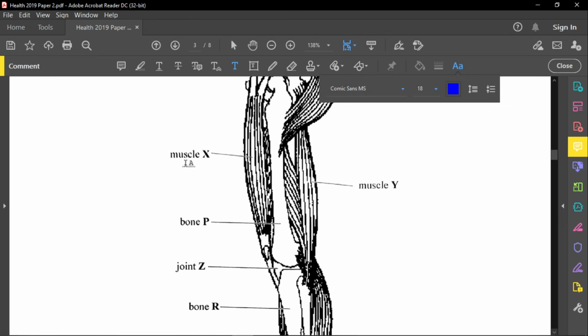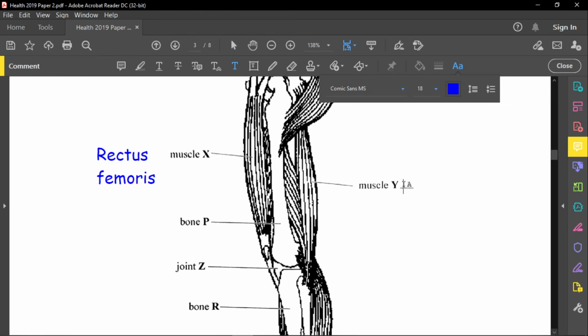But just for information purpose, this one right here in the front of the leg is called the rectus femoris. But again, you don't need to remember all of these muscles here. I'm writing them in just for information purpose.